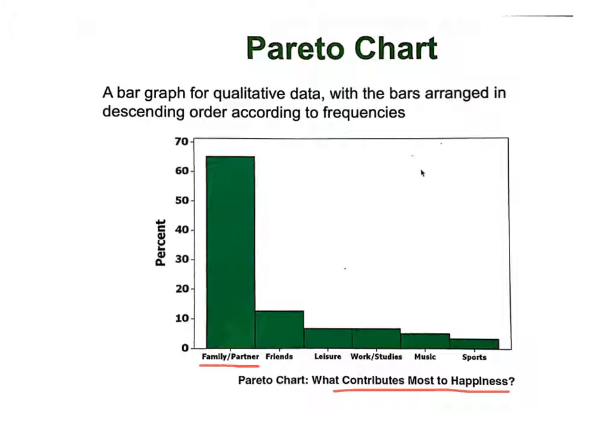Families and partners are the most, about 65%. Friends, about 15%. Leisure, sports, all the way down here at about 3%. A Pareto chart does decrease as it goes to the right, and it's all based on percentages. So that's a great way to look at things. A good bar graph, the Pareto chart.